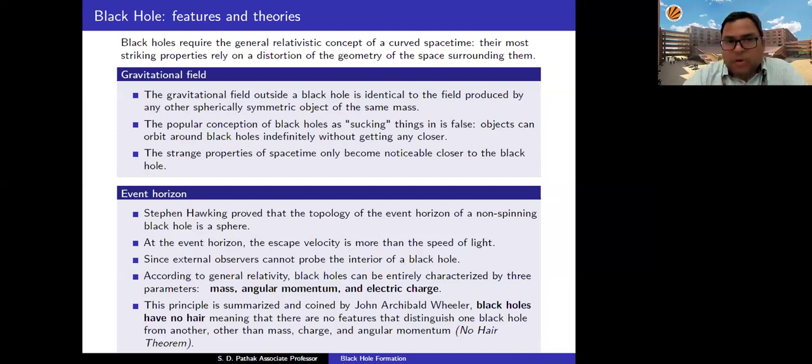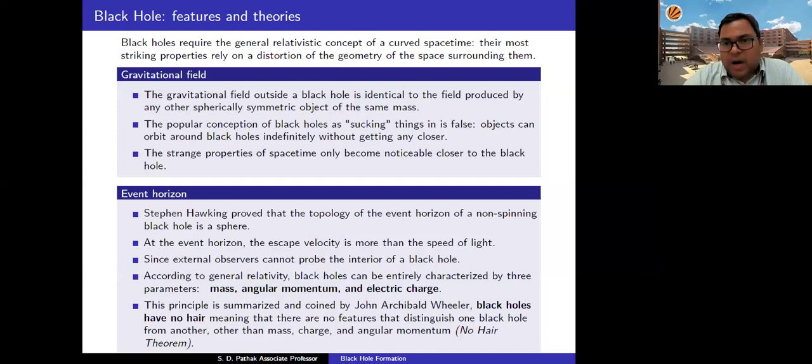According to the general theory of relativity, any black hole can be characterized, can be understood, by only three parameters, not four: mass, angular momentum, and electric charge.